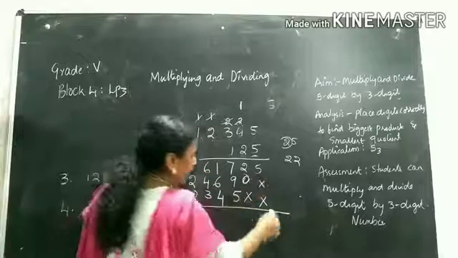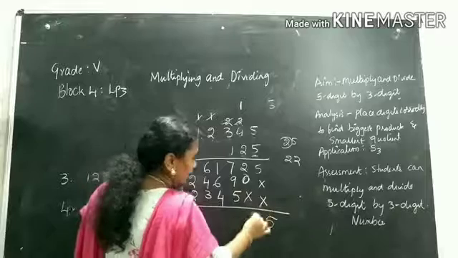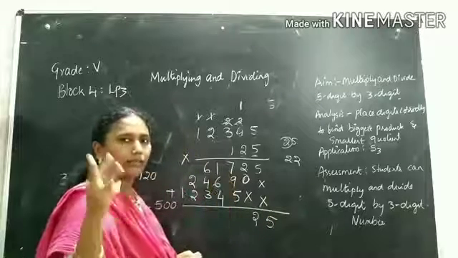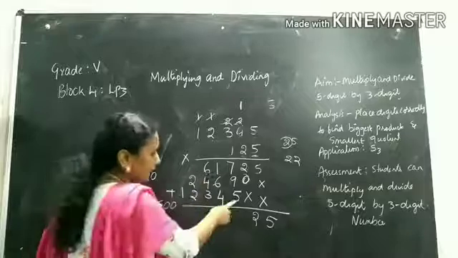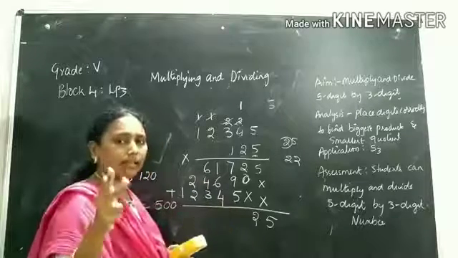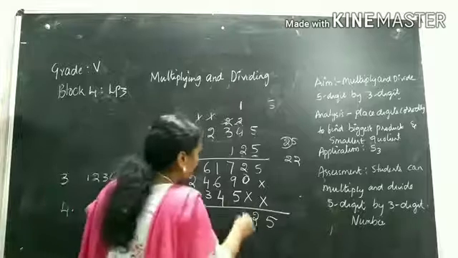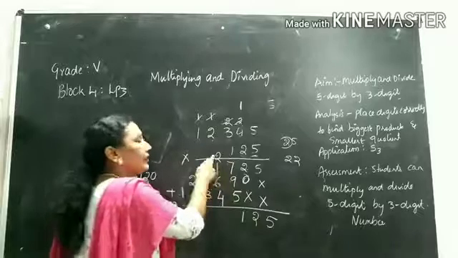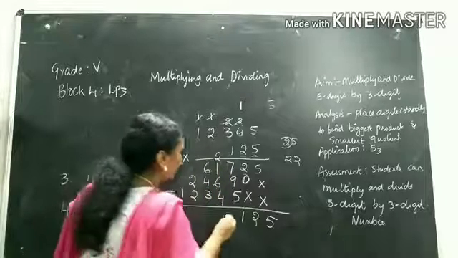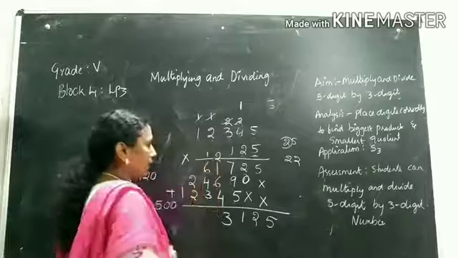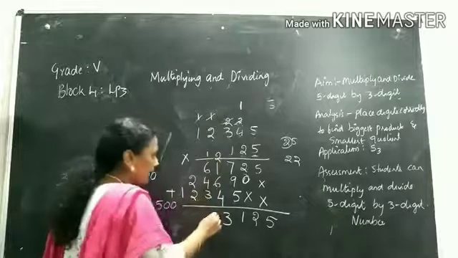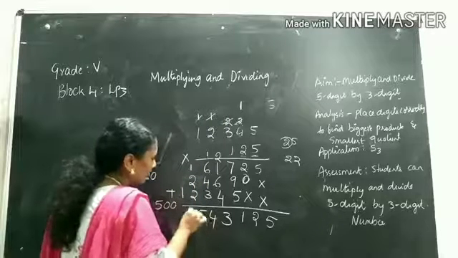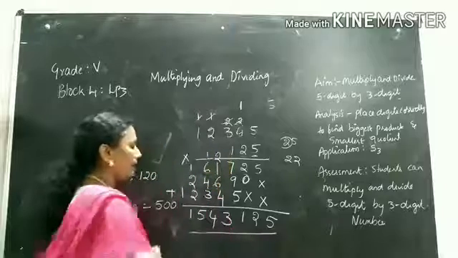Plus now 5, 2 plus 0, 2. 9 plus 7, 9, 10, 11, 12, 13, 14, 15 and 16. 16 plus 5, 17, 18, 19, 20, 21. 1 and 2. 6 plus 4, 10. 10 plus 1, 11. 11 plus 2, 12 and 13. 6 plus 4, 10. 10 plus 3, 13 and 13 plus 1, 14. 2 plus 2, 4 and 4 plus 1, 5. And the remaining 1. This is my answer.